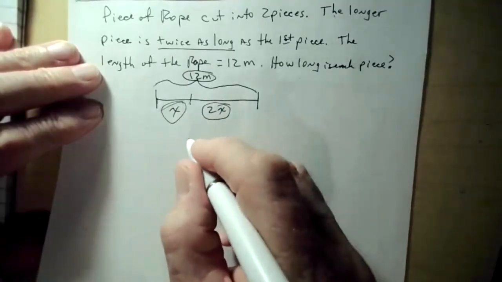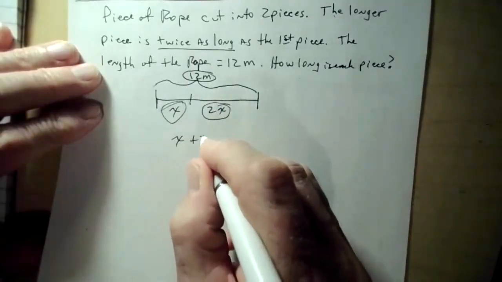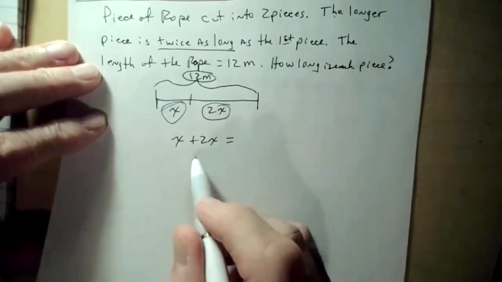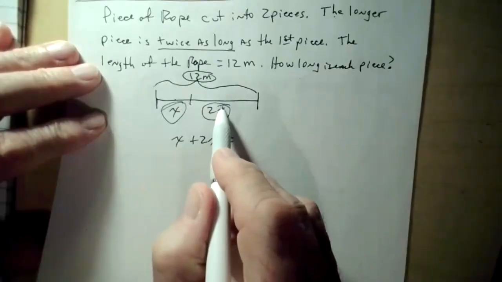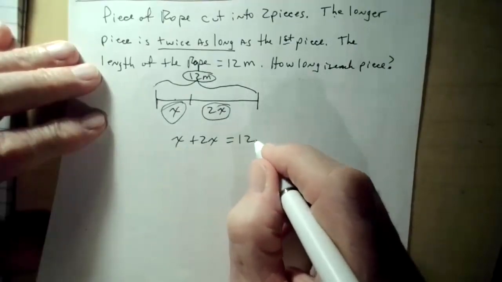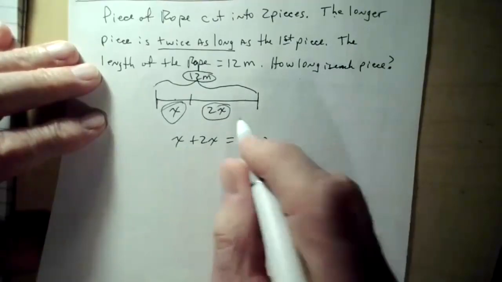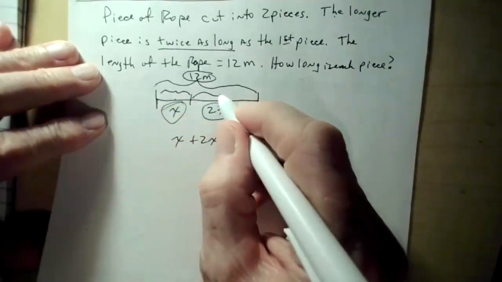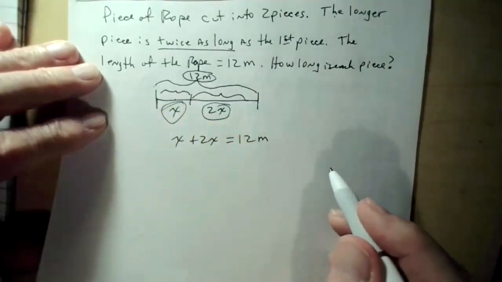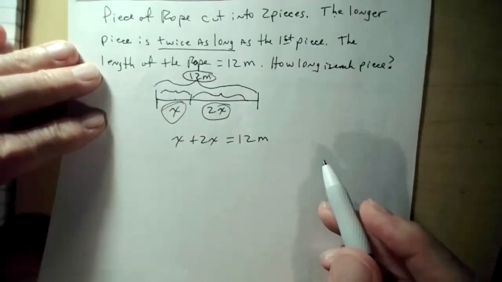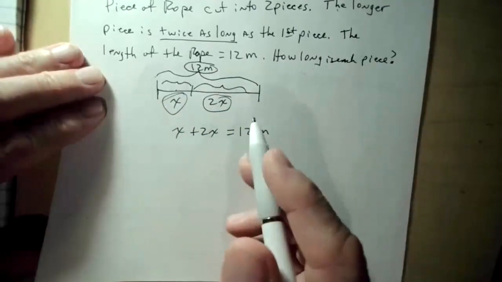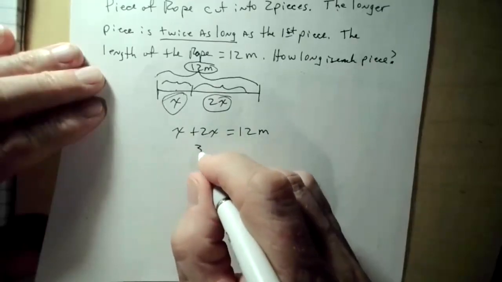Okay, so how long is each piece? Now, what do we know? This piece plus this piece equals 12 meters.